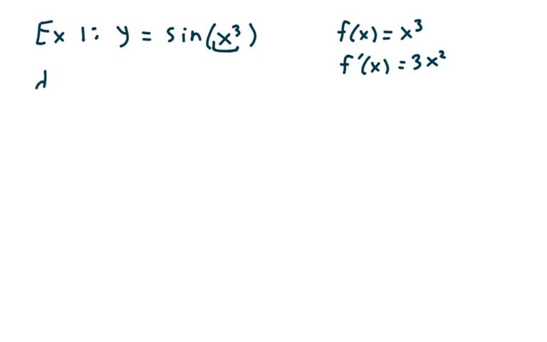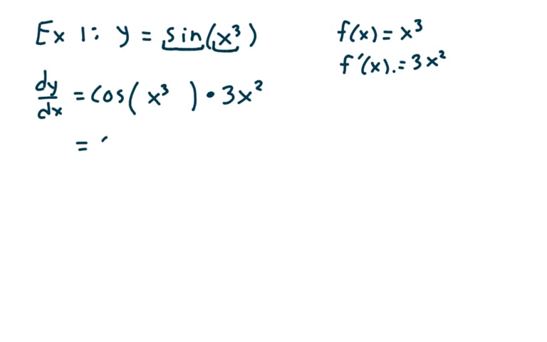So when I look at dy dx or y prime, I get the derivative of the outside function, which is cosine of x cubed. So I'm evaluating the cosine at x cubed. And I multiply by the derivative of the inside function, which is 3x squared. And then if I rewrite this, I get 3x squared cosine of x cubed.